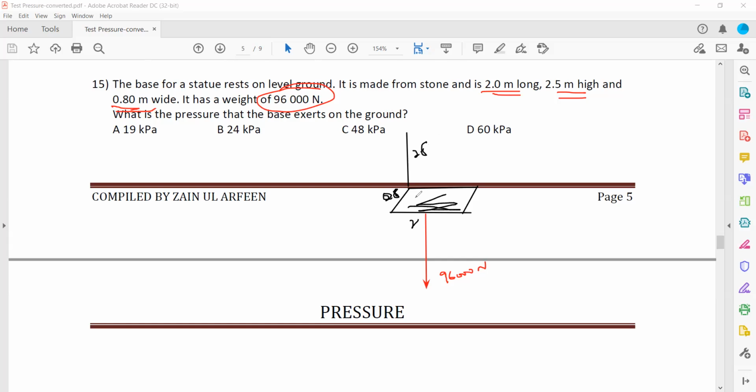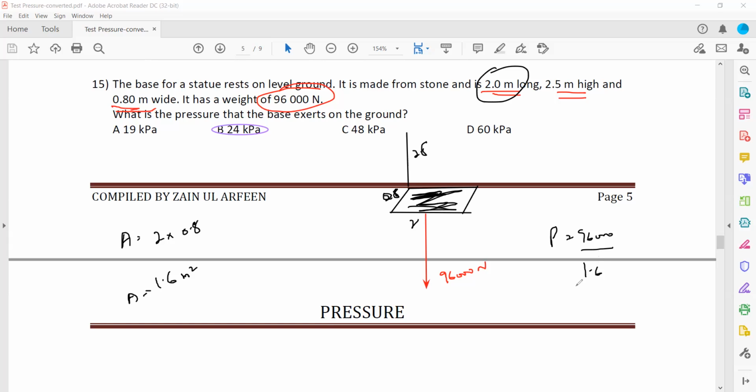So what we need is the base area. Base area will be 2 multiplied by 0.8, that is equal to 1.6 meters square. And the force is 96,000, because we need a pressure.